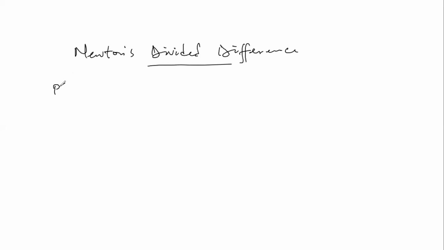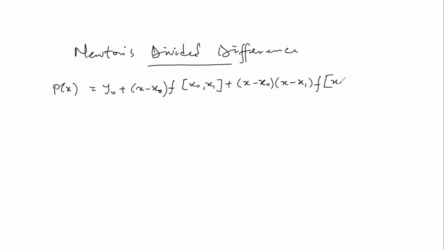We have that the polynomial P of X is Y naught plus X minus X naught times F of X naught X1, plus X minus X naught times X minus X1 times F of X naught X1 X2, all the way.